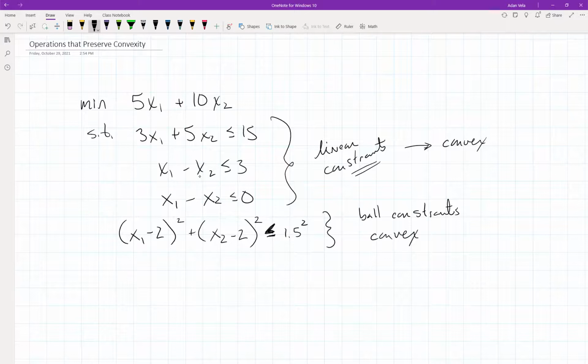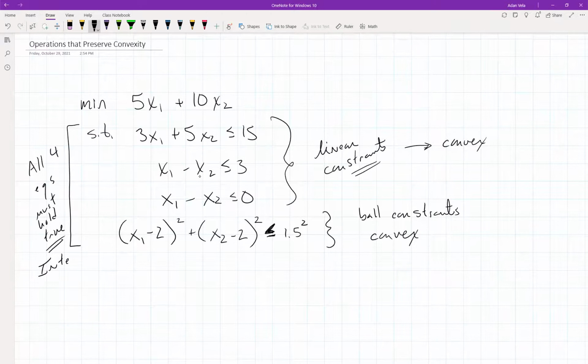Okay. Now, when we put them together like this, what we're saying is all four equations must hold true. And essentially what we're doing is we're taking the intersection of these.